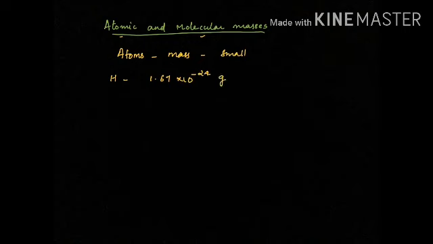We know the mass of the oxygen atom. What is the mass of an oxygen atom? It is actually 26.56 into 10 raised to minus 24 gram. So this is exactly the atomic mass of oxygen also.